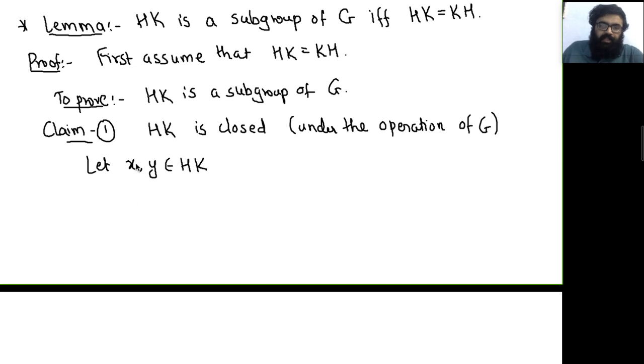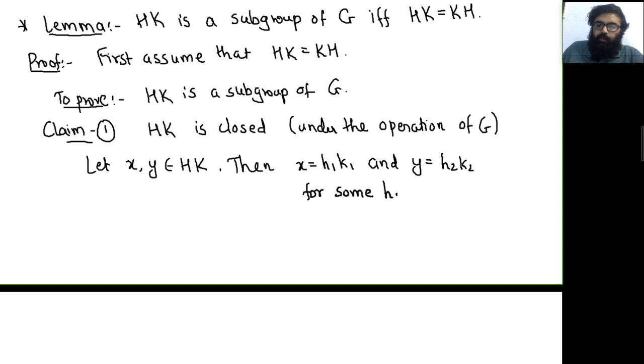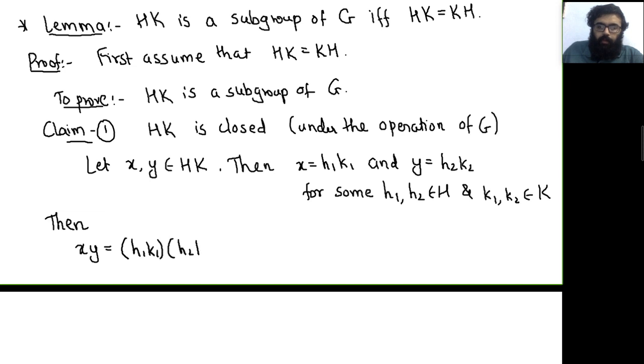This means, how does x look like? So then we can say that x equals h1 k1, and y equals h2 k2, where h1, h2 belong to H, and k1, k2 belong to K. So x belongs to HK, so it is of the form h1 k1, where h1 is in H, k1 is in K. y belongs to HK, so it is of the form h2 k2, where h2 belongs to H and k2 belongs to K. Then xy equals h1 k1 and h2 k2.